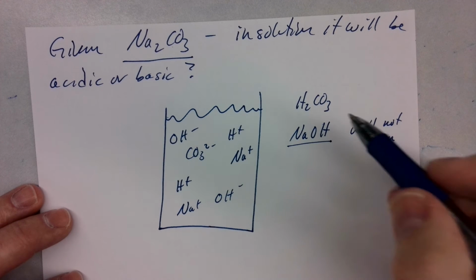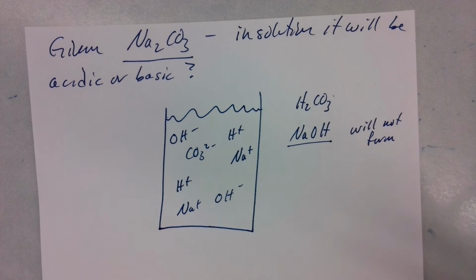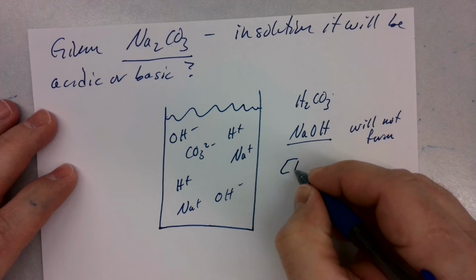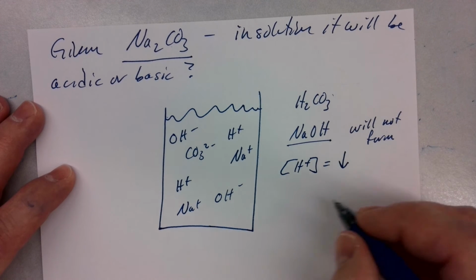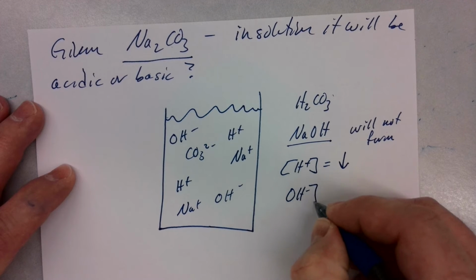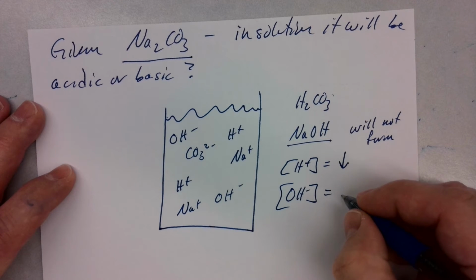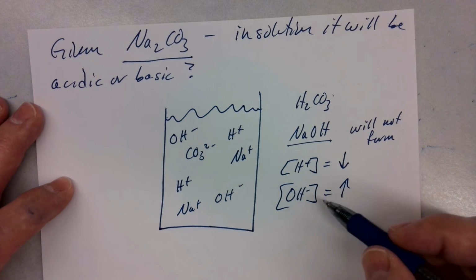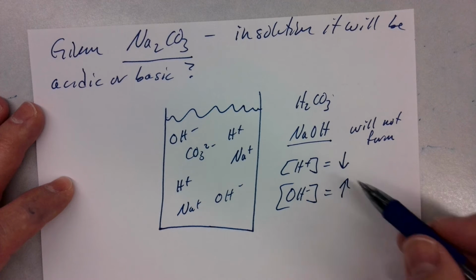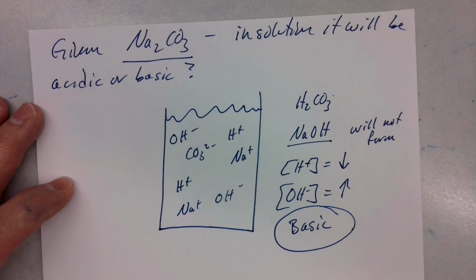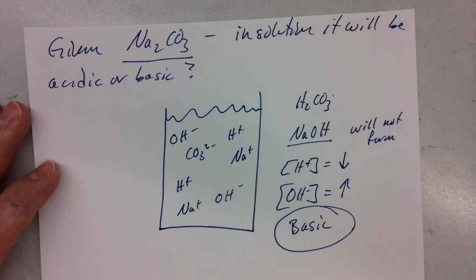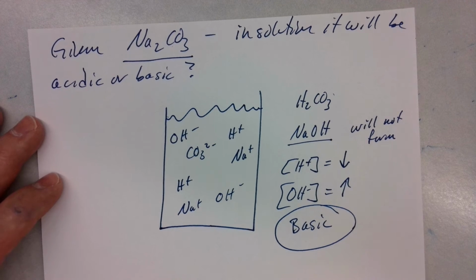If this gets together, what's that going to do to my H positives in my solution? It's going to bond them up, right? Which means the concentration of H positive is going to go down. That means the number of OH negatives is going to be higher. Well, if my OH negative is higher than my H positive, that's going to make this basic.